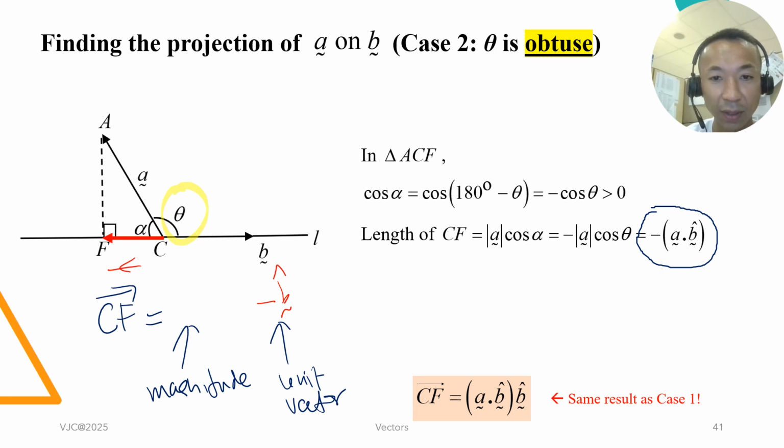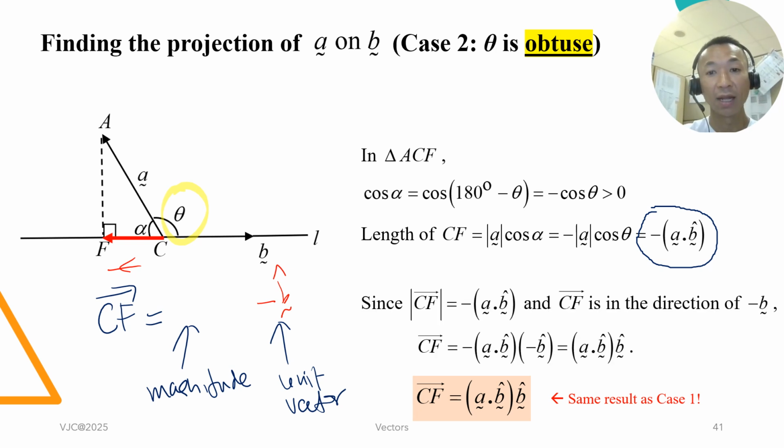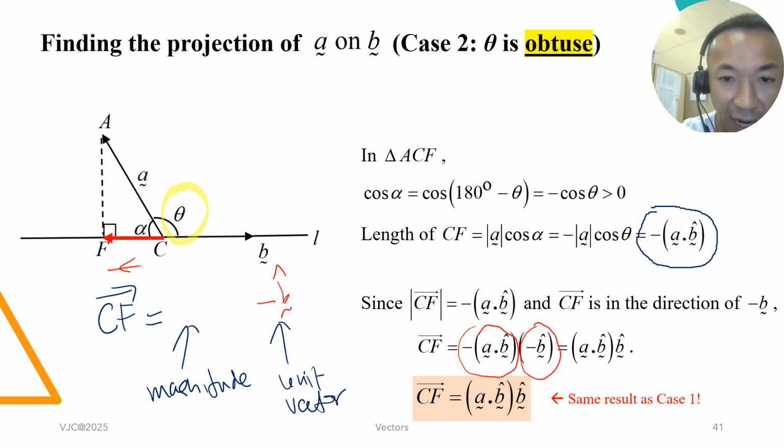So it is the magnitude, which is this, times the unit vector, negative B hat. In the end, the negative becomes positive, and you end up with this result. All I'm trying to say is that no matter whether A and B form an acute angle or an obtuse angle, you will get this same result.